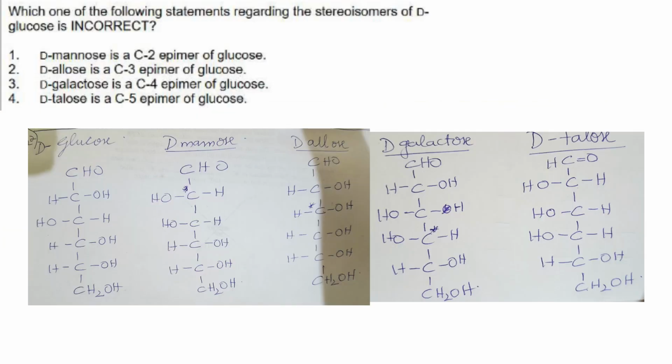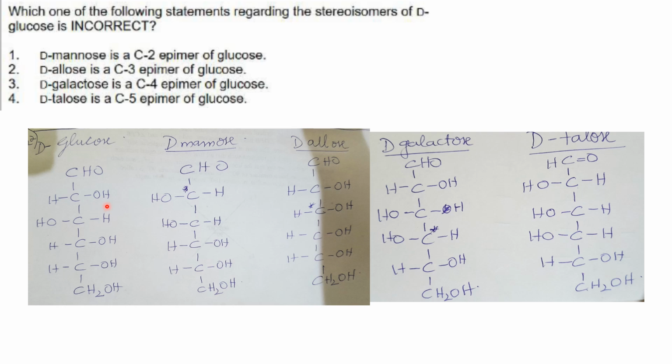Then next one. Which of the following statements regarding the stereoisomers of D-glucose is incorrect? D-mannose is a C2 epimer of glucose. Now what are epimers? Epimers differ in the position of the OH group at one carbon atom. So this is D-glucose, this is mannose. At carbon number 2, the OH is on the left-hand side in mannose and on the right-hand side in glucose.